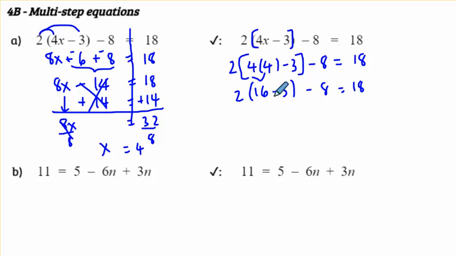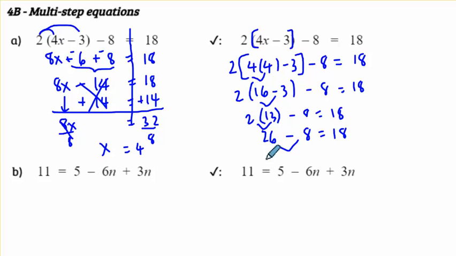Order of operations, I still got to keep going with my parentheses. So 16 minus 3 is 13. And I bring everything else down. And now I do the multiplication. 2 times 13 is 26. I subtract 8, and I will actually do this step as my final step to prove that it's right.